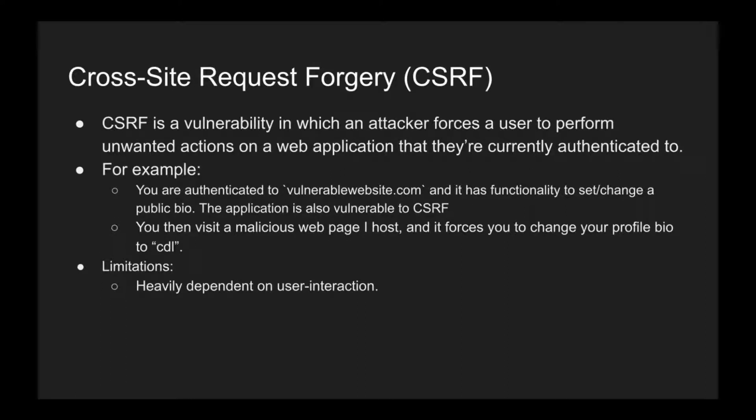Say this application doesn't check where the referer is coming from, and there are no unique tokens in every request to know that the request to change your profile is coming from that same website. Then you could visit a malicious web page, and it forces you to change your profile bio to CDL. I can Google an example really quickly to give you a visual idea.